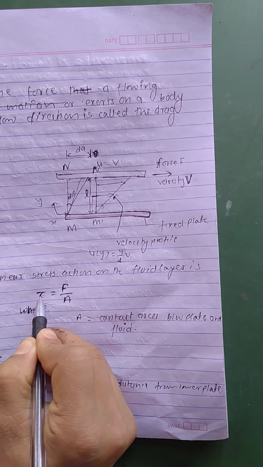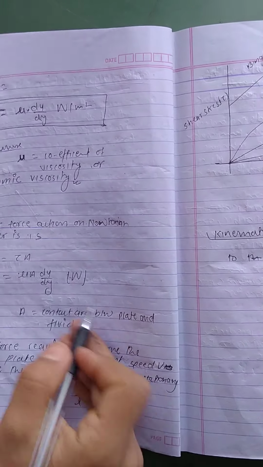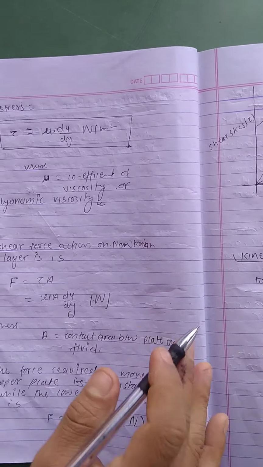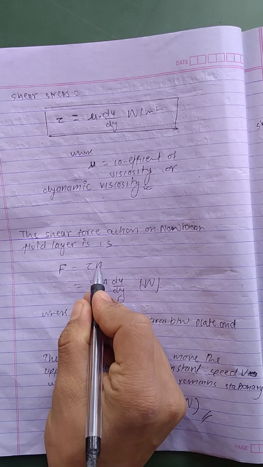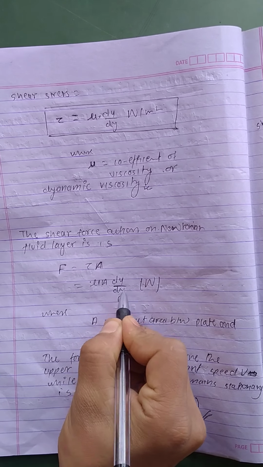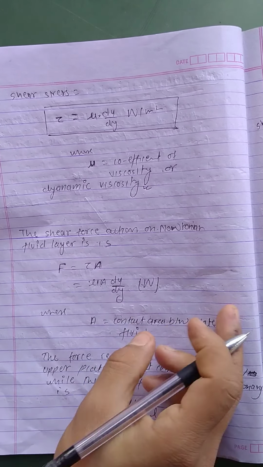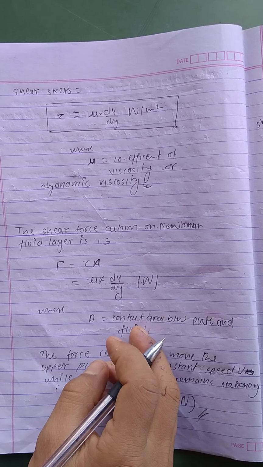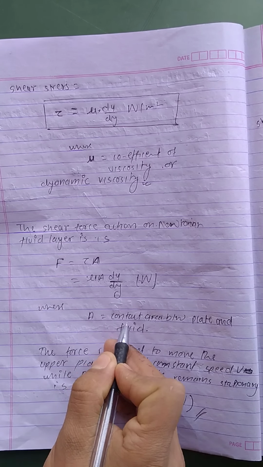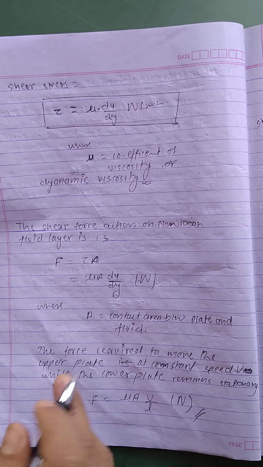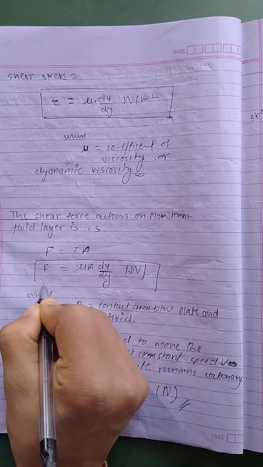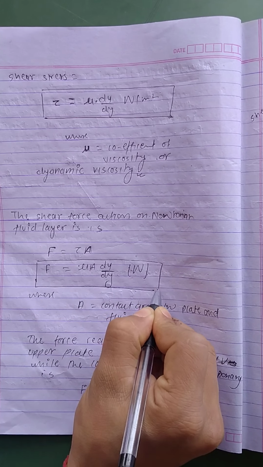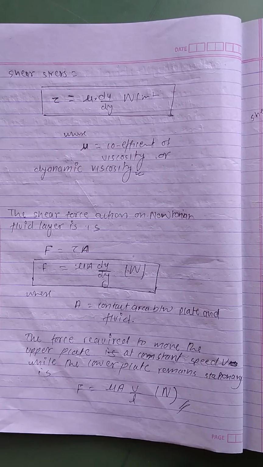Just multiply, F equals tau multiplied by A. So the value of tau is mu du by dy, so F equals mu A du by dy. Force unit is Newton, where A is the contact area between the plate and fluid. This is the formula for the shear force acting on the Newtonian fluid layer.